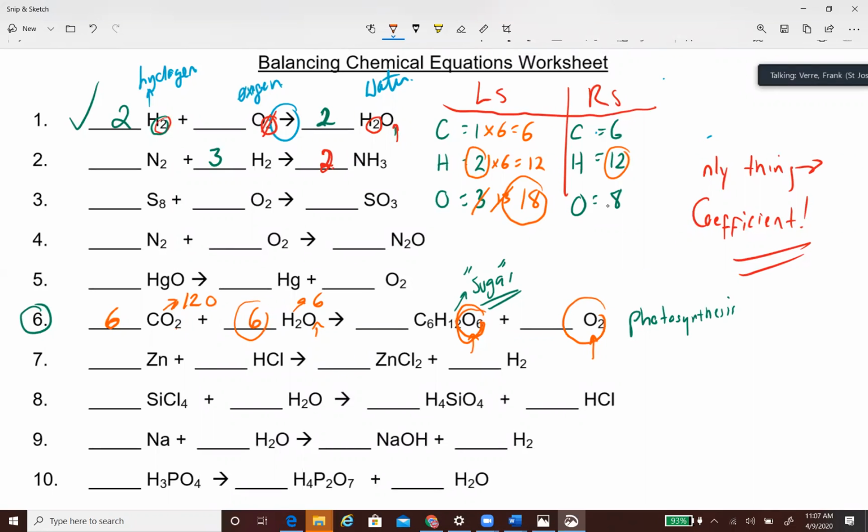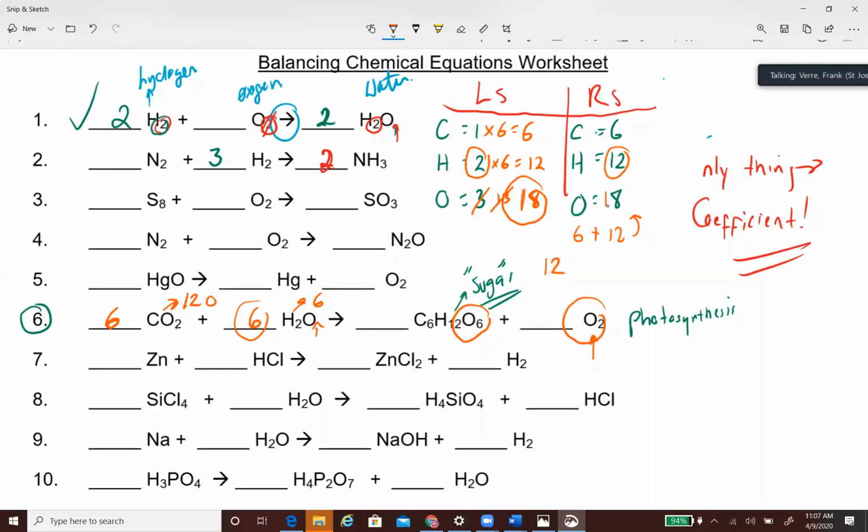Well, this is 6, which means that this has to account for 12. I know I have to make this number 18 to balance it. I'm getting 6 over here, so I need another 12, because I want 18. I don't want 8. I want 18.